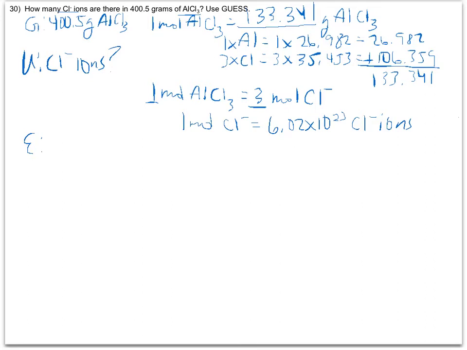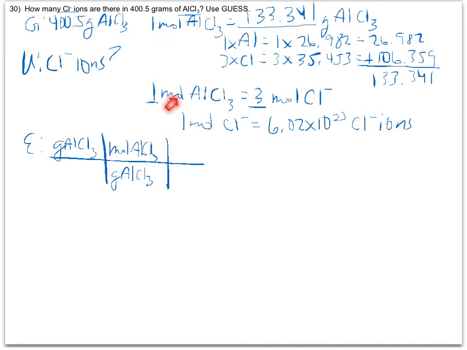To do our equation, we're given grams of aluminum chloride to begin with, which means we need grams of aluminum chloride on bottom and moles of aluminum chloride on top. That is the first conversion statement, grams to moles of aluminum chloride.